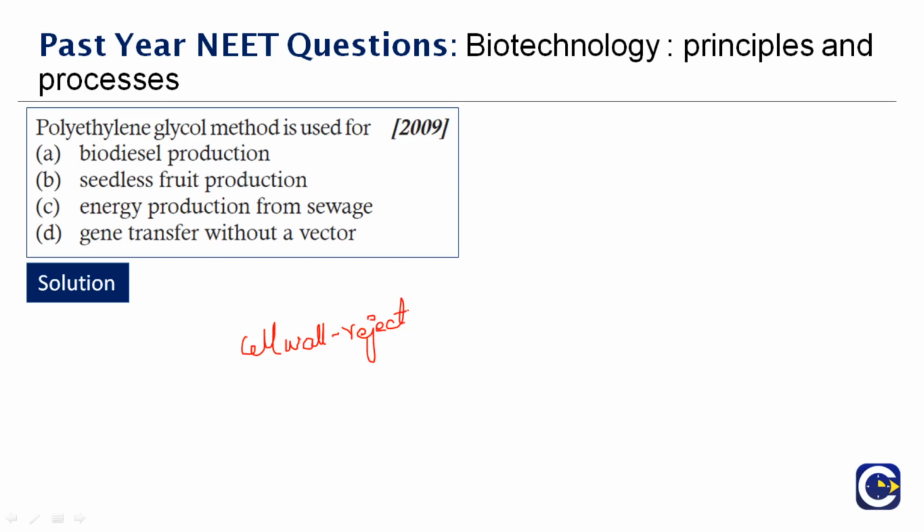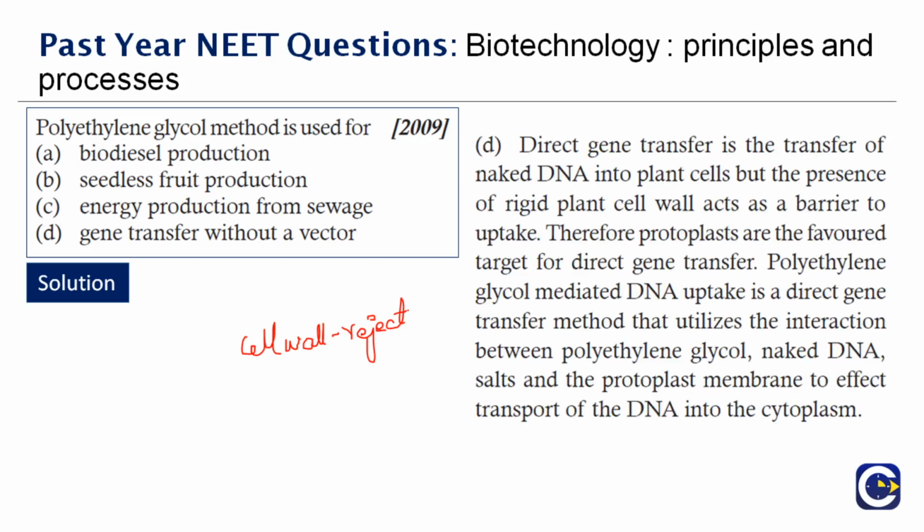Polyethylene glycol mediated DNA uptake is a direct gene transfer method that utilizes the interaction between polyethylene glycol, naked DNA, salts, and protoplast membrane to effect transport of the DNA into the cytoplasm. So when the cell wall becomes a barrier there, they have to use another medium. It's a direct gene transfer where you do not use any vectors. Therefore, polyethylene glycol method is used for gene transfer without a vector.